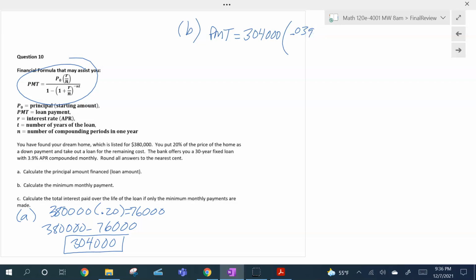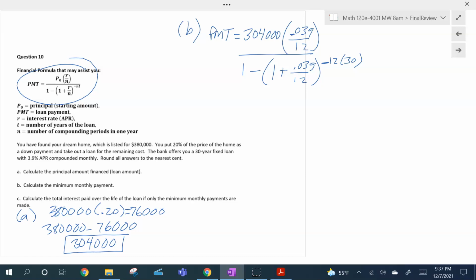This is compounding monthly, 12 times a year, making this payment 12 times a year as well, divided by 1 minus 1 plus 0.039 divided by 12 to the negative N, where N is 12 again, monthly, and we're doing this for 30 years.